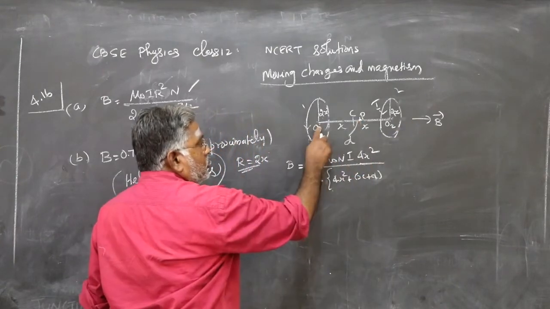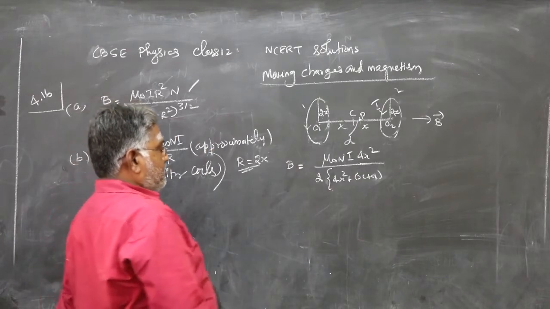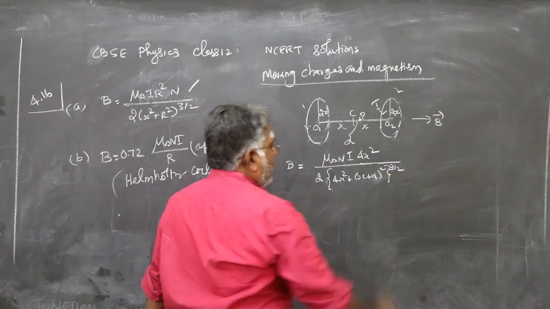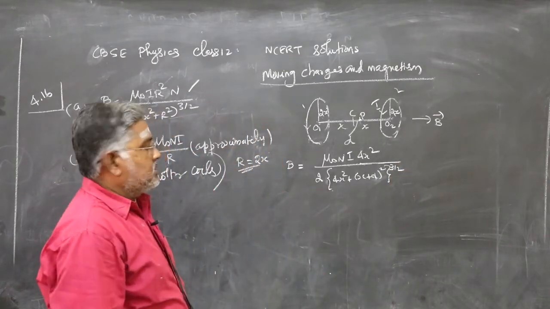At P due to this coil, x plus d, the square, power 3 by 2, because P is at a distance of x plus d from O1.